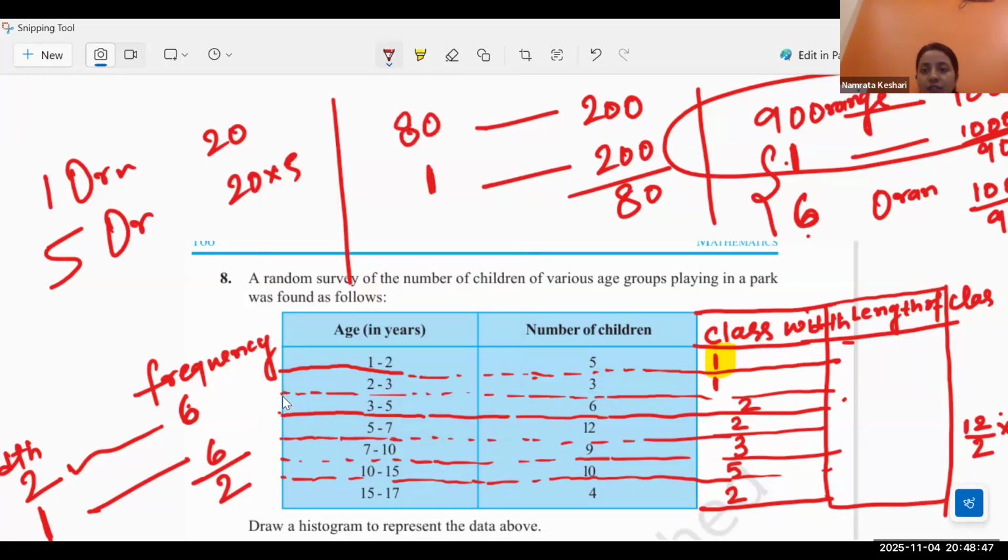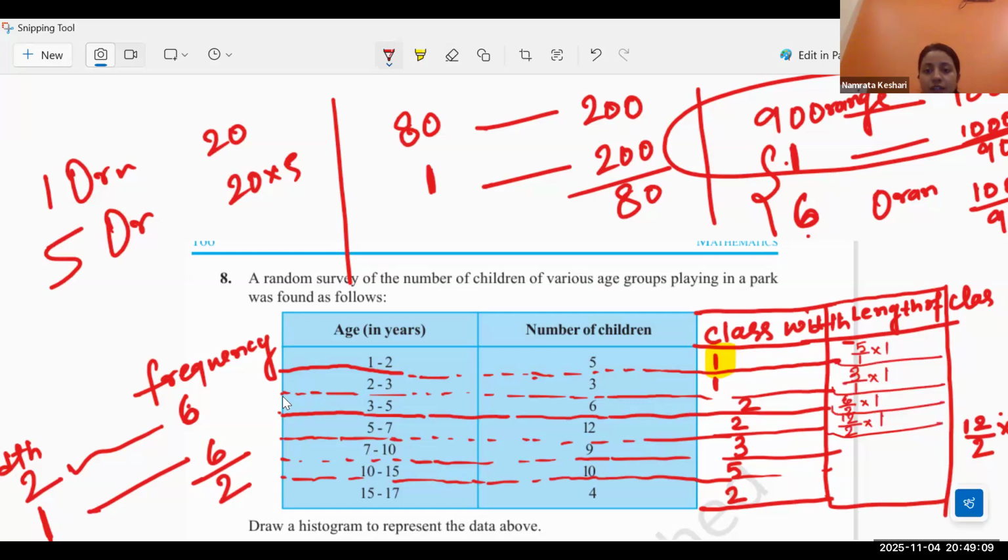So I am saying that we'll take frequency divided by 1 into the fixed one. Then frequency divided by 1 into the fixed one. Then frequency divided by 2 into the fixed one. Then frequency 12 divided by 2 into the fixed one.